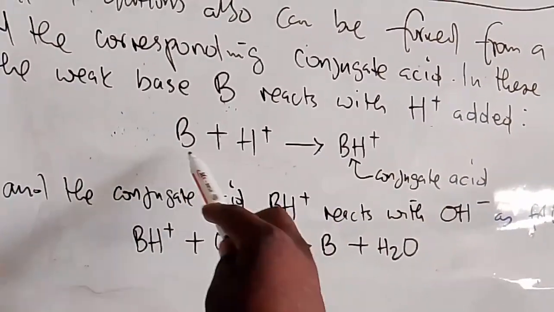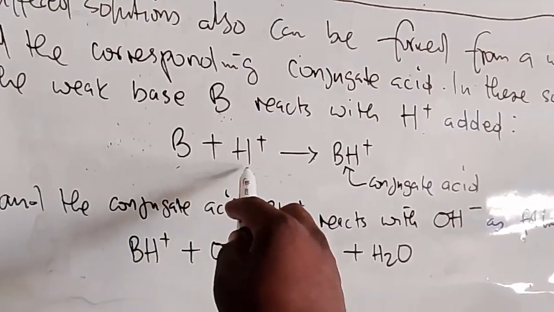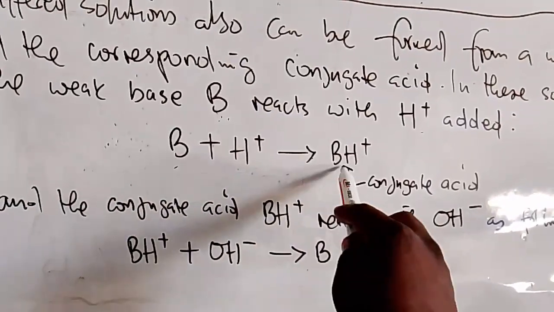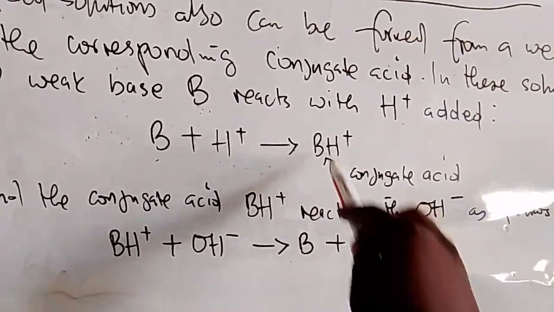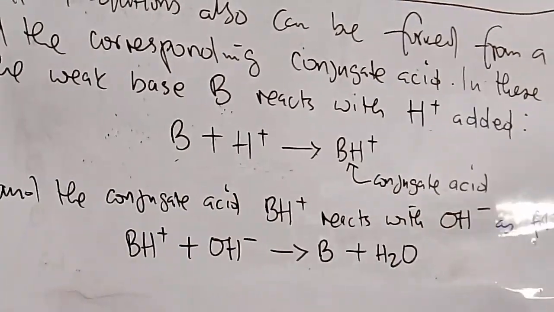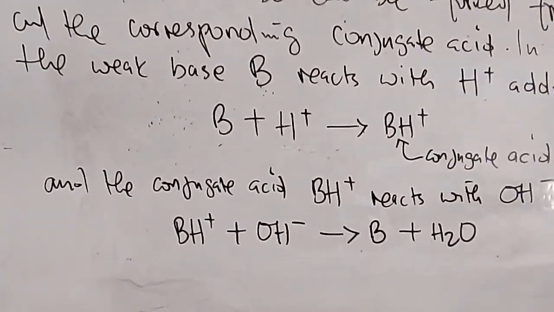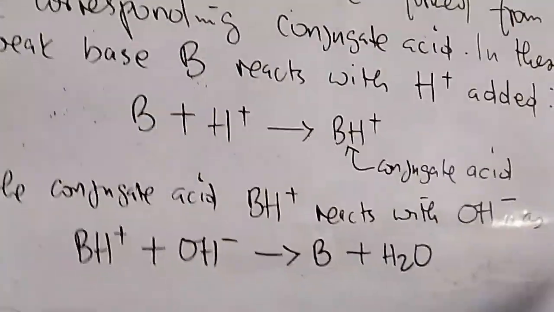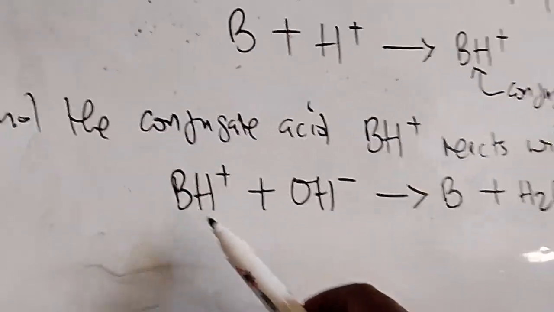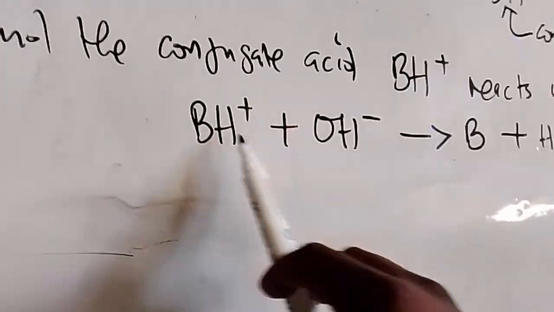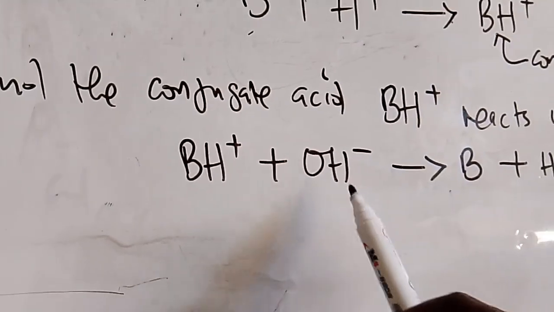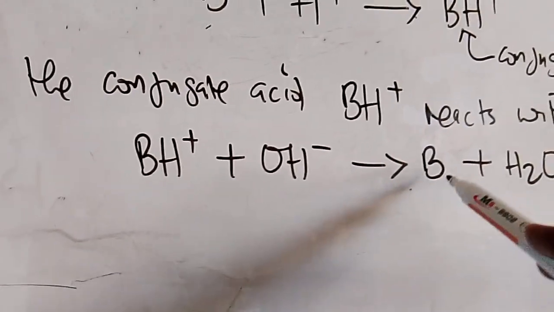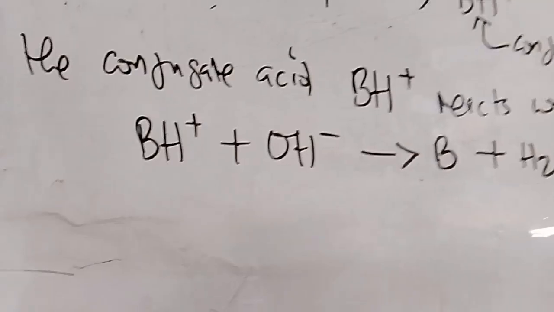So this is a reaction: base plus the hydrogen ions added forms the conjugate acid BH plus. And the conjugate acid BH plus will then react with the hydroxide ions as follows: BH plus plus the hydroxide ions forms the base plus water.